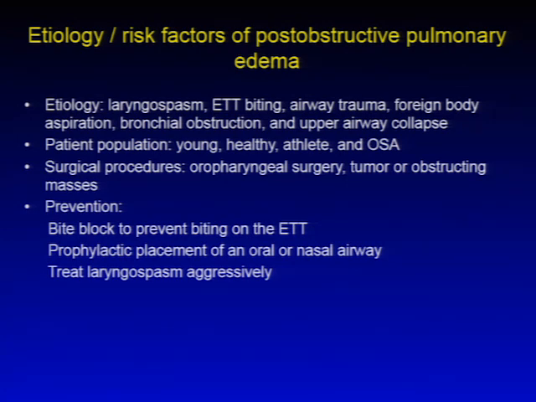Some surgical procedures are high risk: oropharyngeal surgery, tumor, or obstructing masses. Prevention is always important. Give a bite block to the patient to prevent biting on the ET tube. Place an oral or nasal airway prophylactically. Treat laryngeal spasm aggressively.